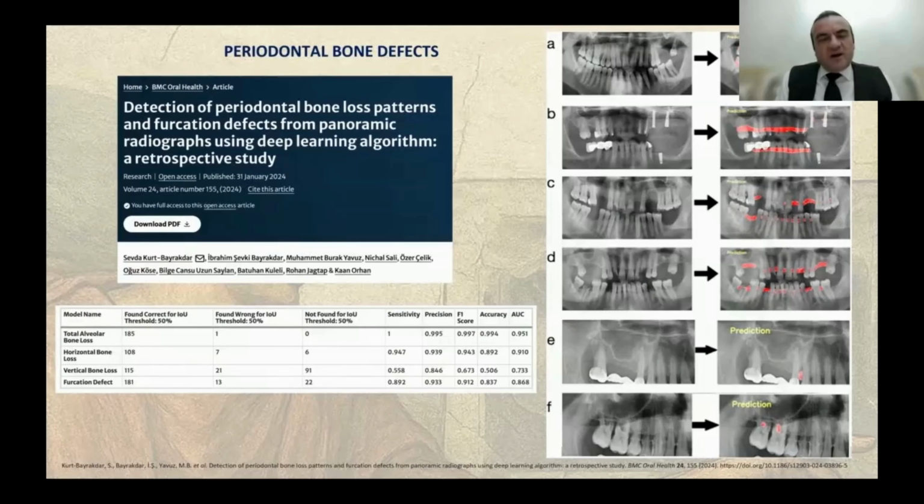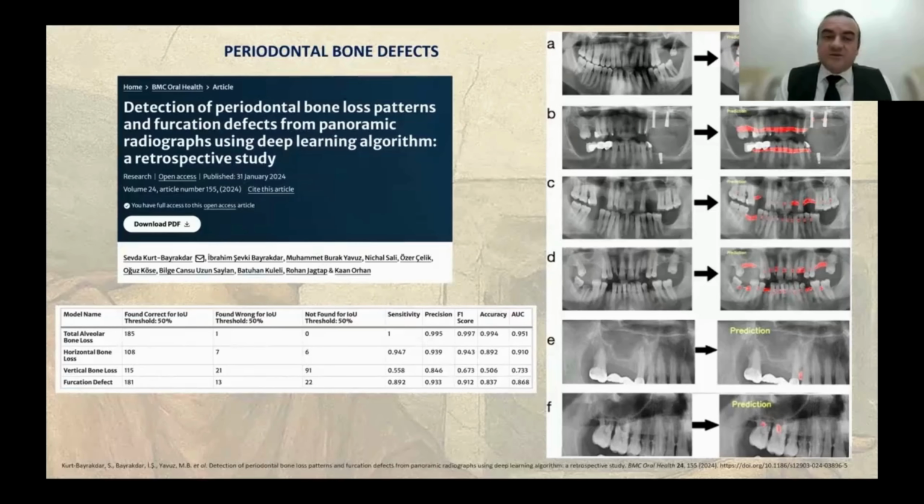Another challenging part is periodontal bone defects. The detection of periodontal bone loss patterns is sometimes quite challenging in radiographs, especially bifurcation defects. As all of you know, horizontal bone loss is mostly related to diabetic patients, and vertical bone loss is straightforward.